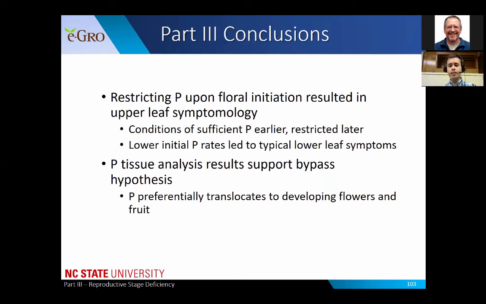So it really only occurs when you're giving them sufficient phosphorus, low but sufficient phosphorus early on, and then restricting it later. And so the phosphorus tissue analysis from the peppers and the mums helped to support our hypothesis that phosphorus was bypassing those upper leaves, and phosphorus is preferentially translocating to the developing flowers and fruit.